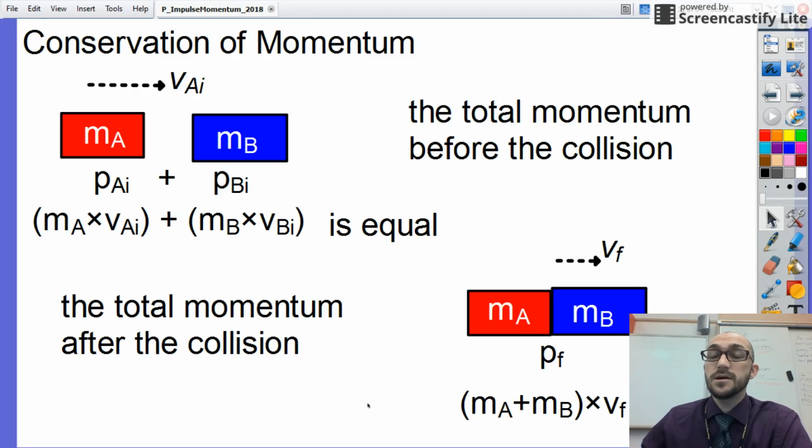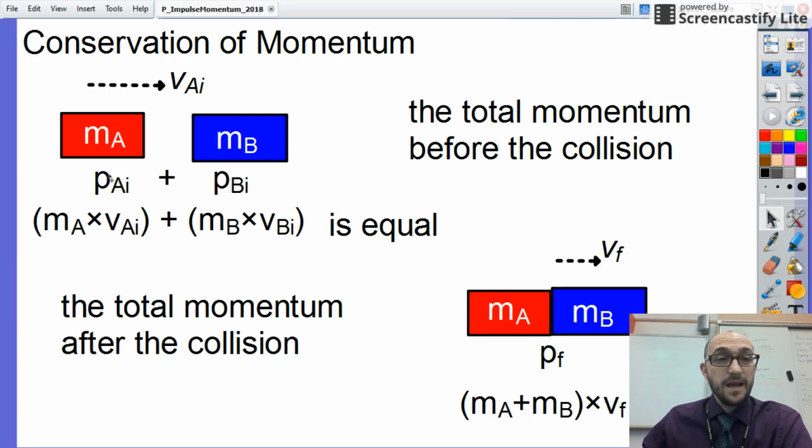That's what it says. So if here's our crash, car A is going into car B, they stick together and they go off together. The momentum of A plus the momentum of B must be equal to the total momentum after.